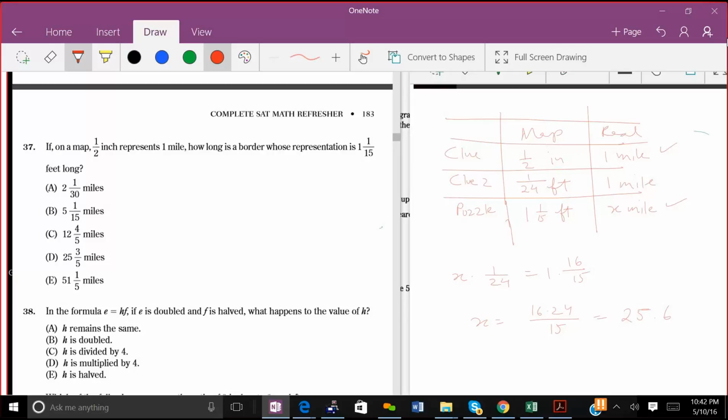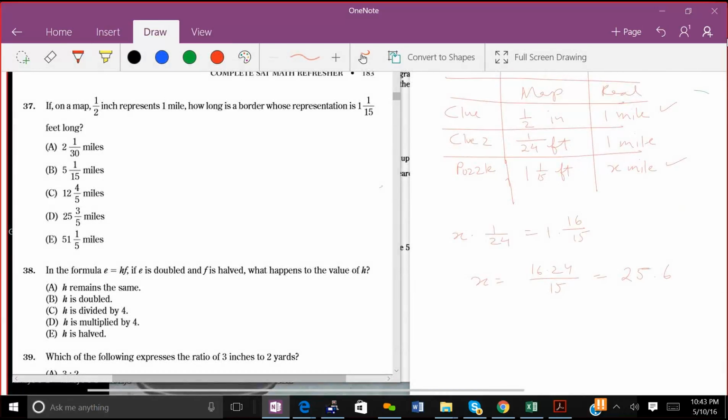You save that time and use it for a crazy question. There are a lot of questions you need to be able to do in 10, 15, 20 seconds. If you do that, you'll have a lot of time left for the crazy questions. So it's very important.